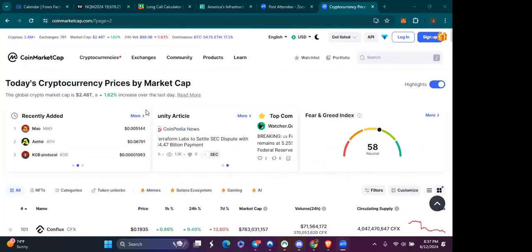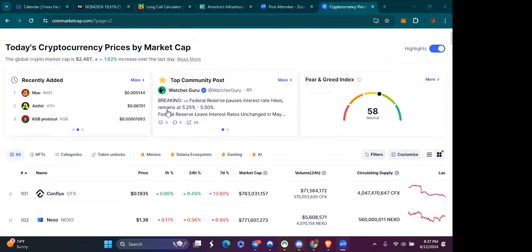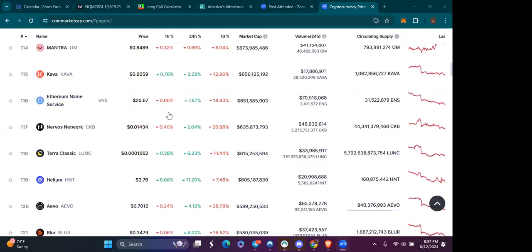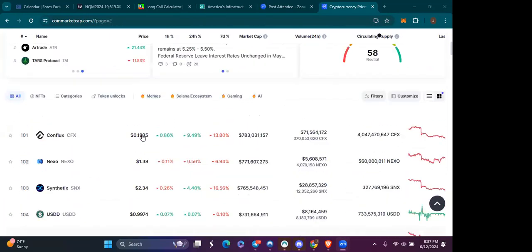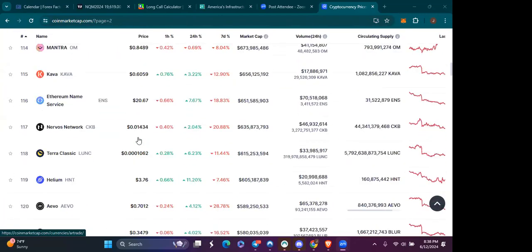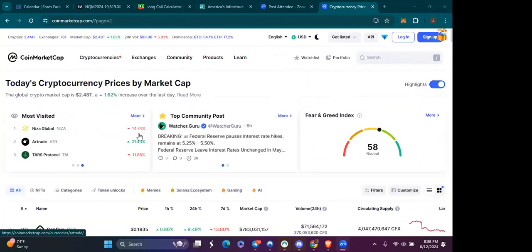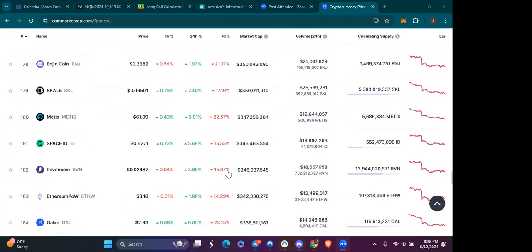So we were looking at the CoinMarketCap platform, and on the CoinMarketCap homepage, you see the top 100 performing cryptos, right?